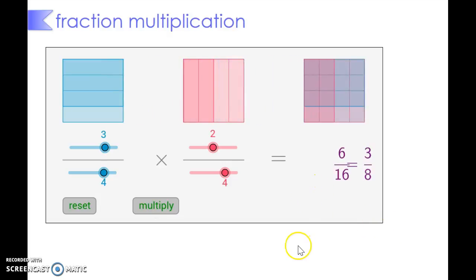And then we're going to go on to simplify after that, because once you multiply the numbers, you should get 6 over 16, which we can simplify to 3 over 8. You can see that again visually. Excuse me, you can see the 6 purple boxes here out of a total of 16. And I hope this is starting to make sense.